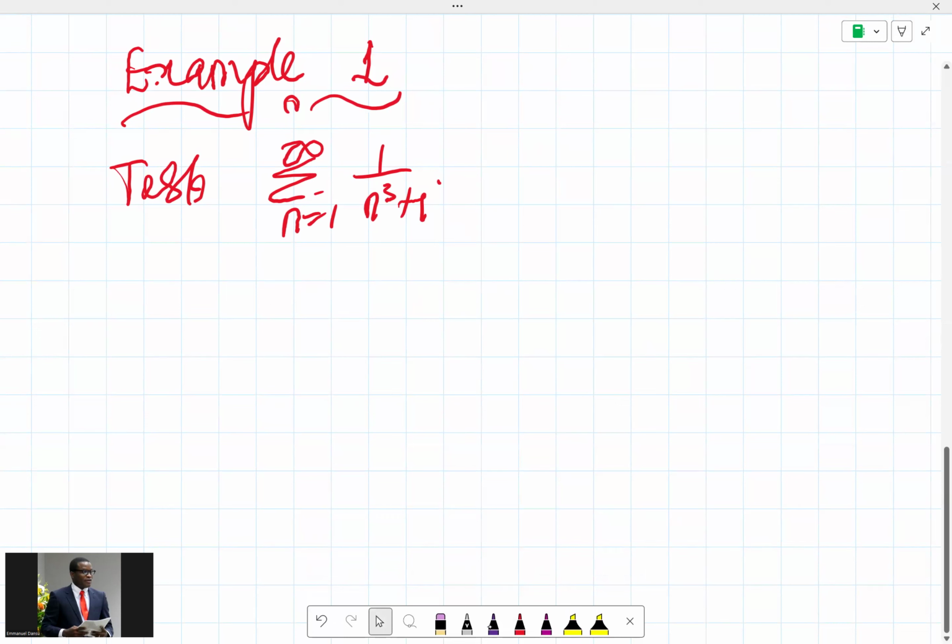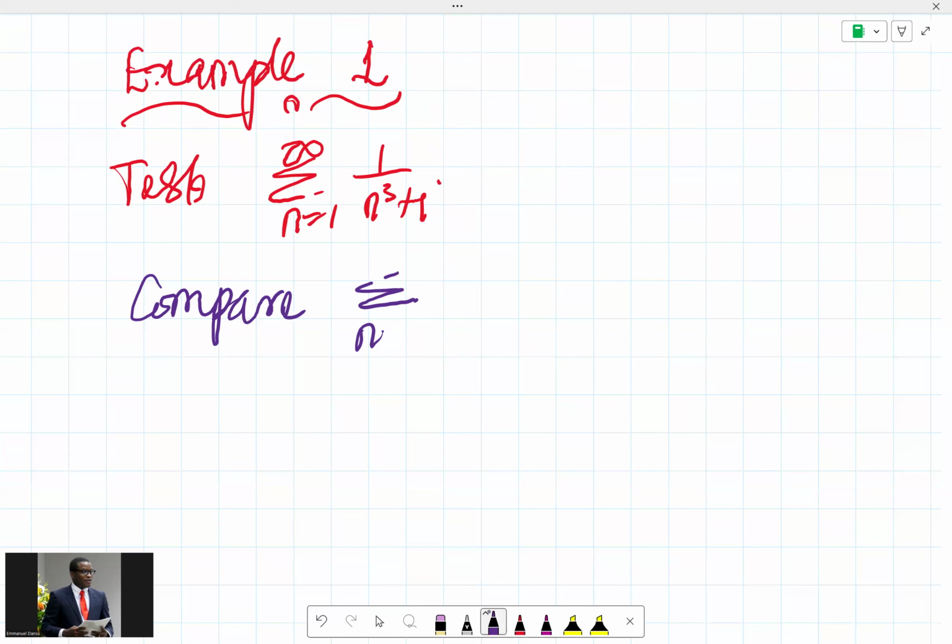We can compare with the series, n equals 1 to infinity, of 1 over n cube, which is a p series. We are going to see the p series later, for series that diverge.